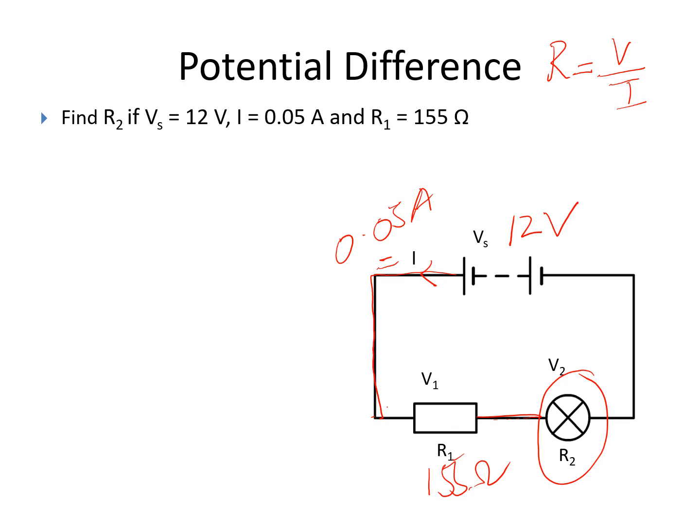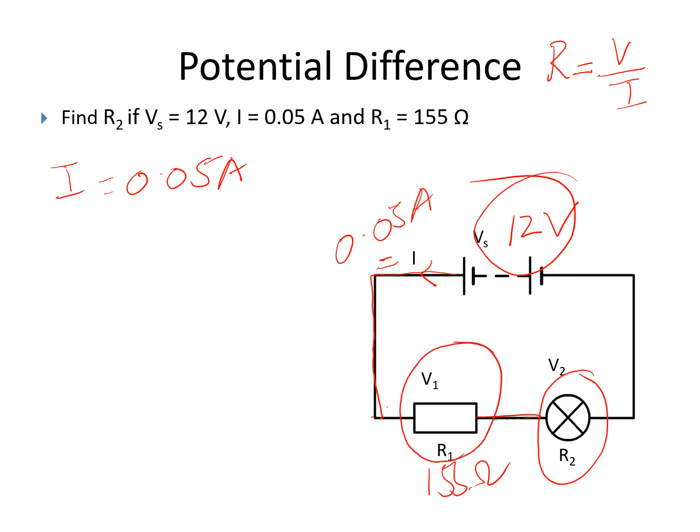So current is 0.05. Now, what about the voltage? Now, we know that the total voltage is 12 volt. So if we can figure out the voltage across this one, then whatever is left from the 12 volt should be the voltage across this one, right? So how will we figure out the voltage across R1?